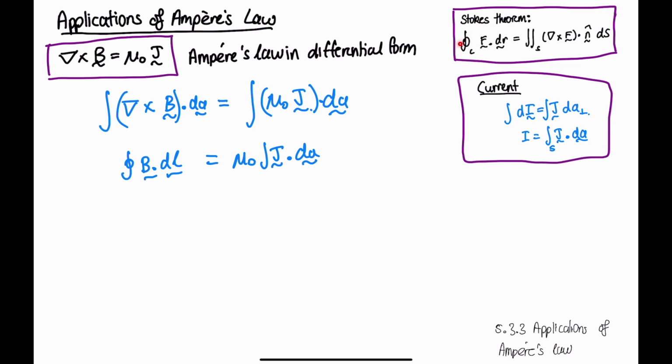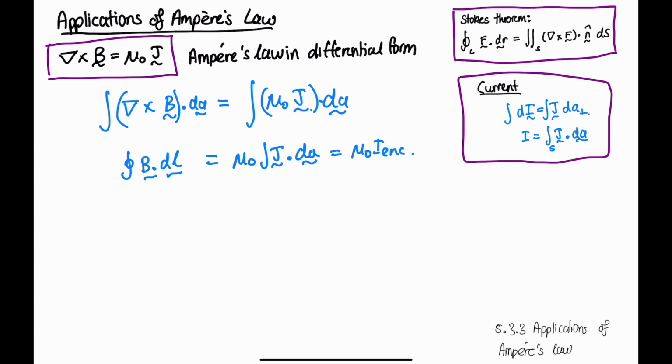This is the loop that encloses this surface, so that must be obeyed here as well. And J dot dA, we know from before, is just equal to the current enclosed. So this is equal to mu naught I enclosed, and we've now got our integral form of Ampere's law that you are very familiar with from Physics 1A.